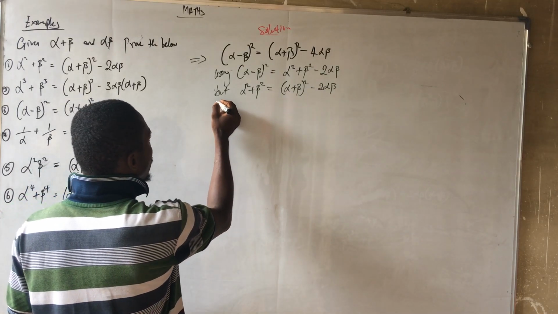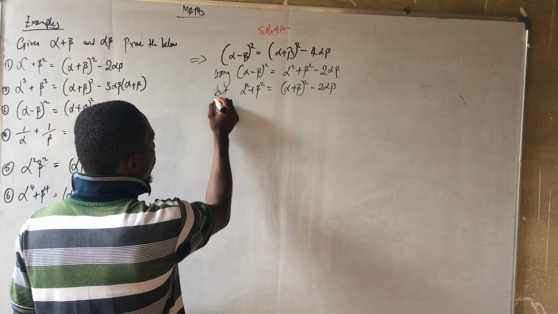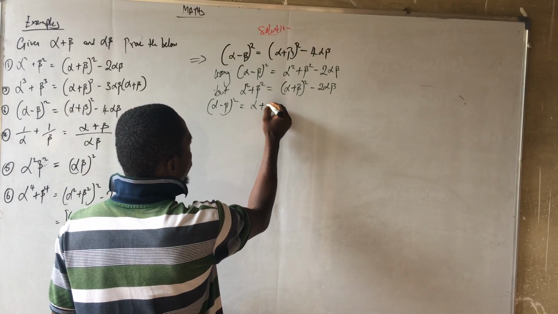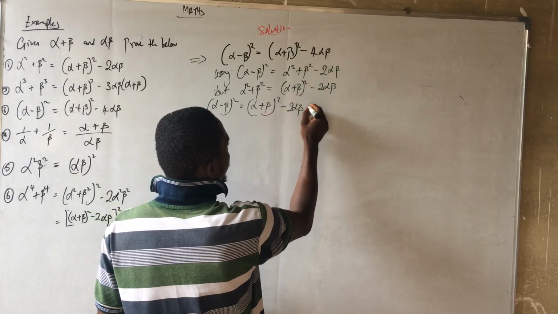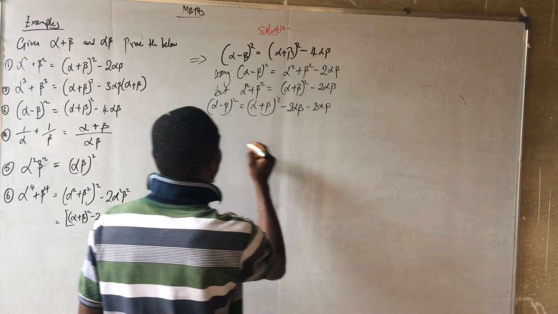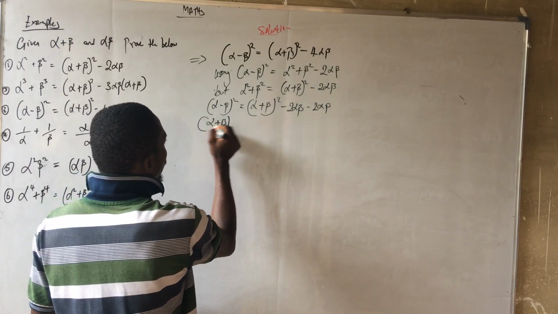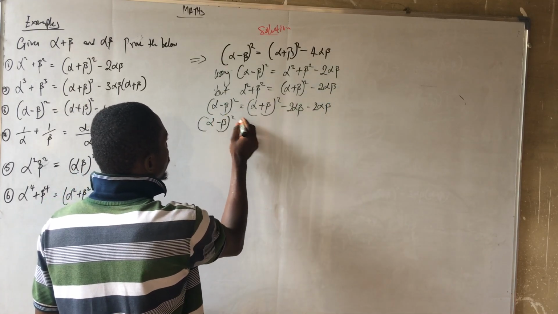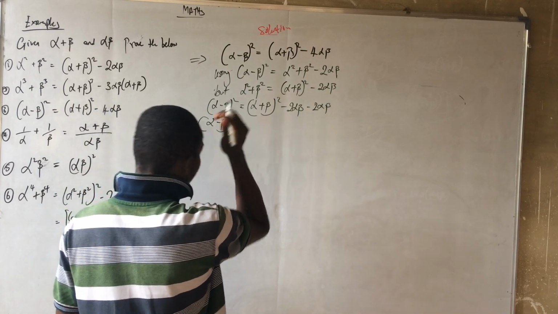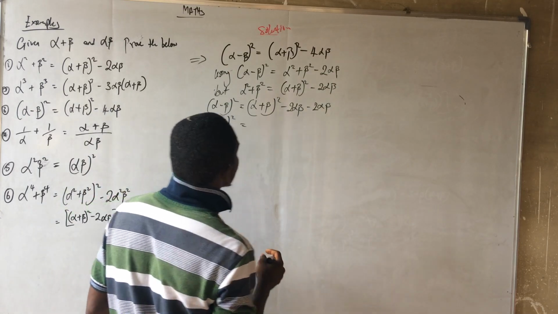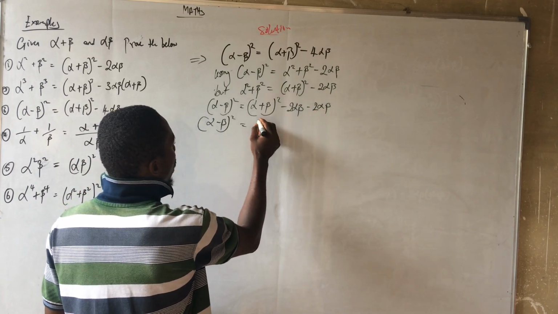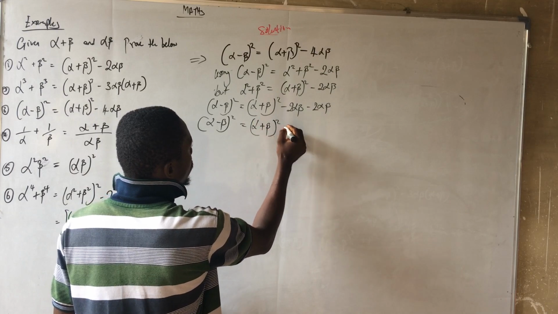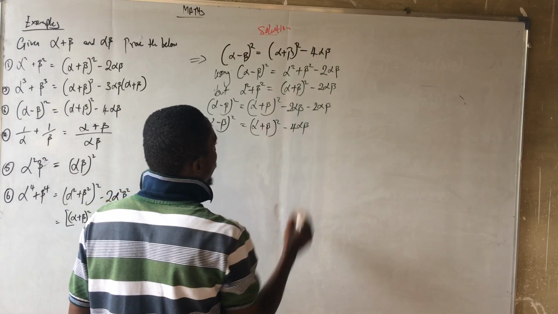So I'll continue. I'll now say that (alpha minus beta) all squared now is equal to what? It's equal to (alpha plus beta) all squared minus 2 alpha beta minus 2 alpha beta. And I'll say that (alpha minus beta) all squared is now going to be equal to (alpha plus beta) all squared minus 4 alpha beta.